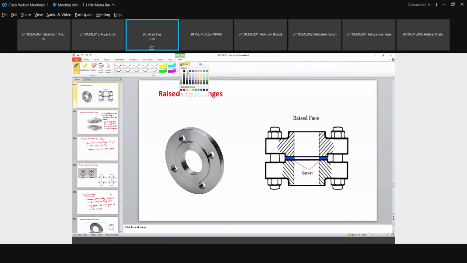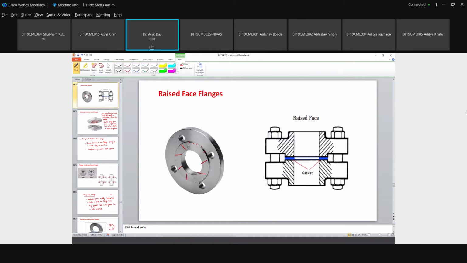Let me color this one. So this surface is raised. Okay, this surface is raised. So the gasket only fits on this area. So that is the narrow face flange.